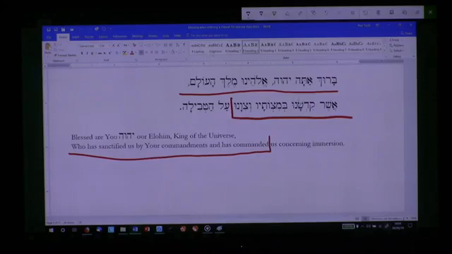What's the root of this word sanctified? Kuf Daled Shin. Kadosh, kiddush, holy, set apart. I prefer set apart over holy. So he is that sanctifies.